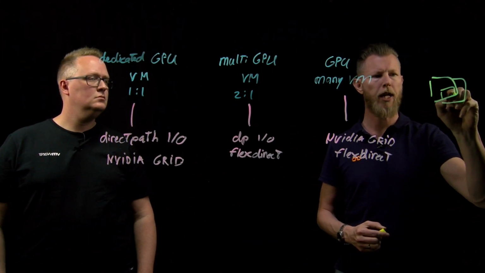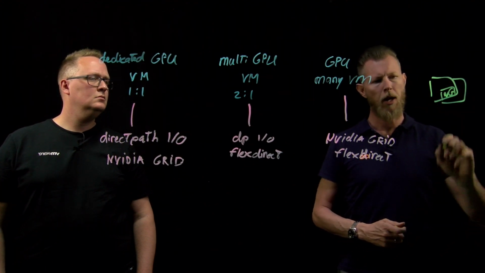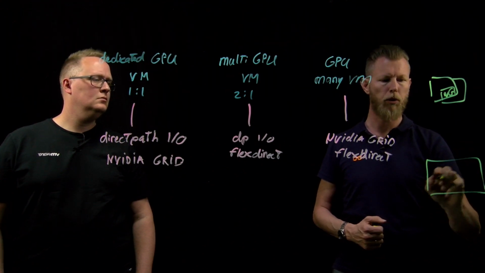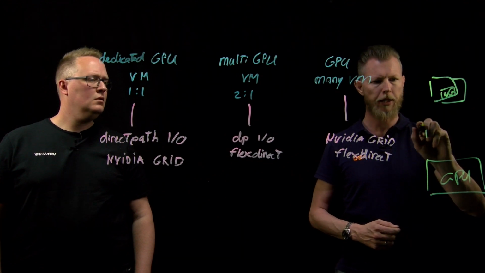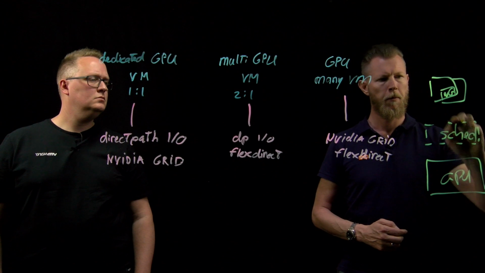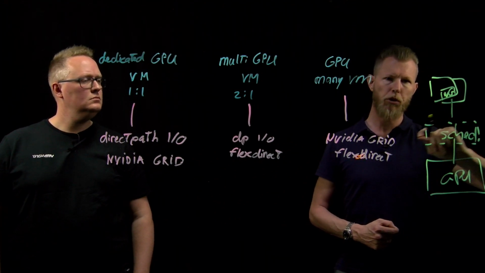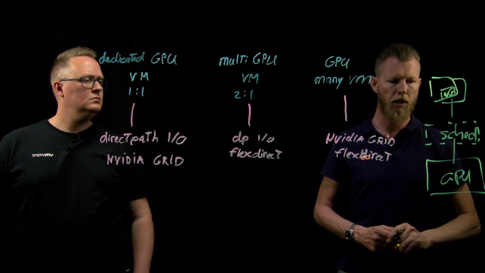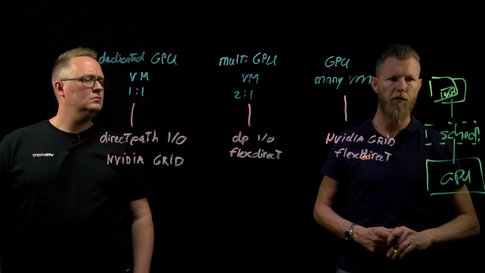The VM has a vGPU profile, and the vGPU profile is linked to the actual GPU. There is, like mentioned, a scheduler between them, and the scheduler will make sure that every resource required by the VM, or the vGPU in this case, is scheduled based on what the VM requires.